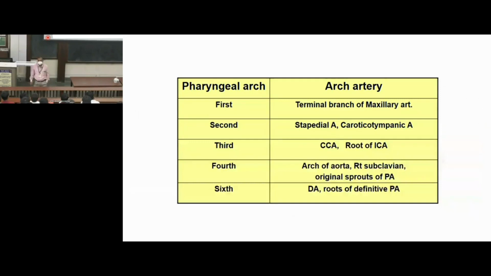Artery. First arch artery represents a terminal branch of the maxillary artery. You haven't learned maxillary artery terminal branches as yet. That you will learn when you dissect the infratemporal fossa. Second arch, stapedial artery.